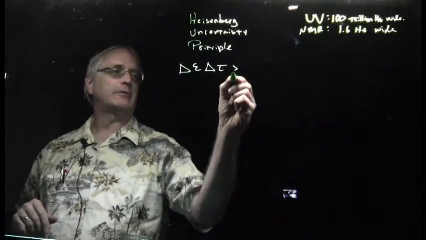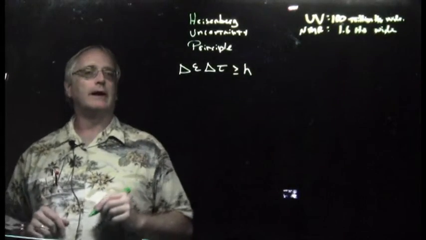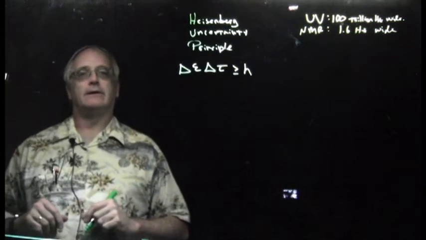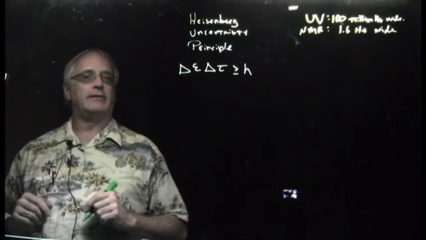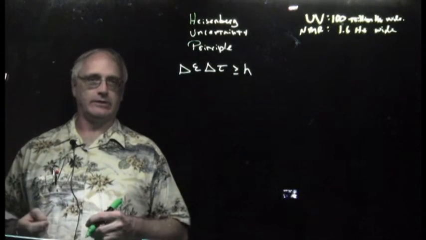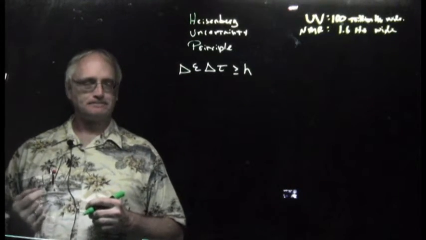The uncertainty principle says that these two multiplied together have to be greater than or equal to Planck's constant. Notice they're on the same side of the equation, which basically implies energy and time are inversely related to each other.